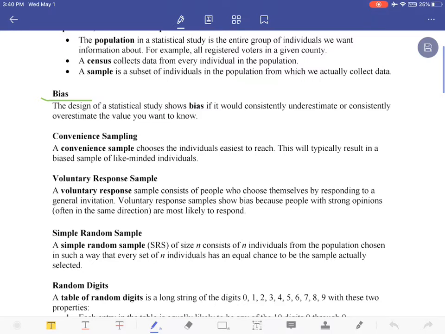So a couple different ways you could have bias in the way that your wording is if you're dealing with a survey. For example, if you're doing a popularity approval rating poll for President Trump, if you start off the question, due to President Trump's policies, thousands of children have been separated from their parents at the border of the U.S. and Mexico.